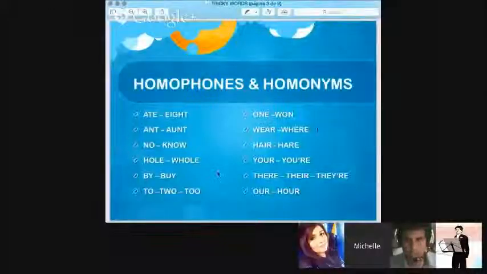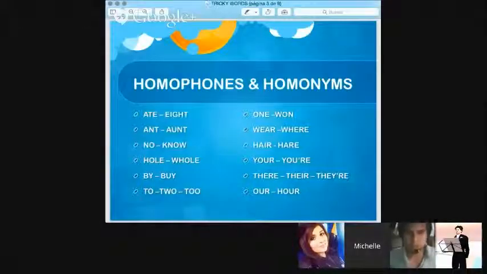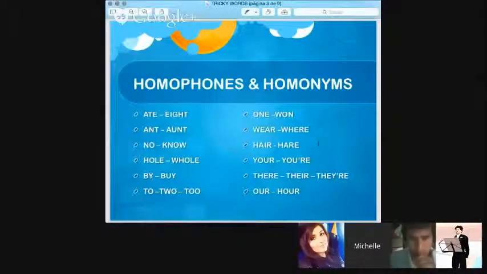We can wear our clothes. And where, we use it in the question, when we're questioning about something. Exactly, perfect. Where is a question word asking about location, and then wear is a verb we use when we're talking about clothes. Perfect, good.